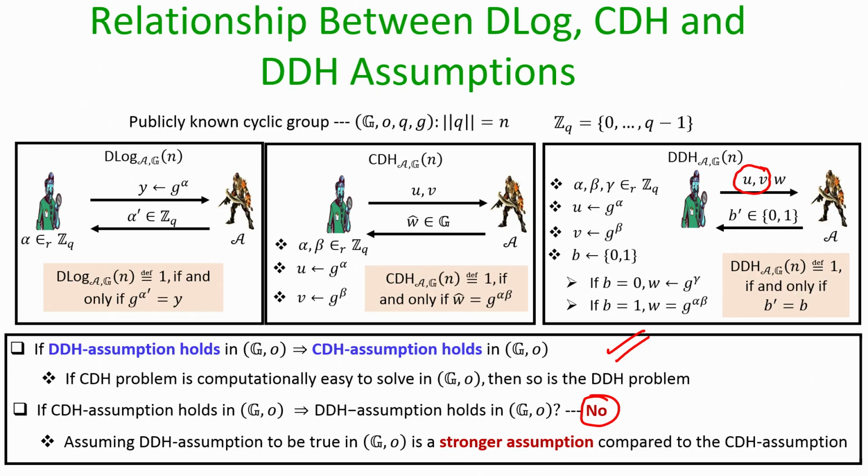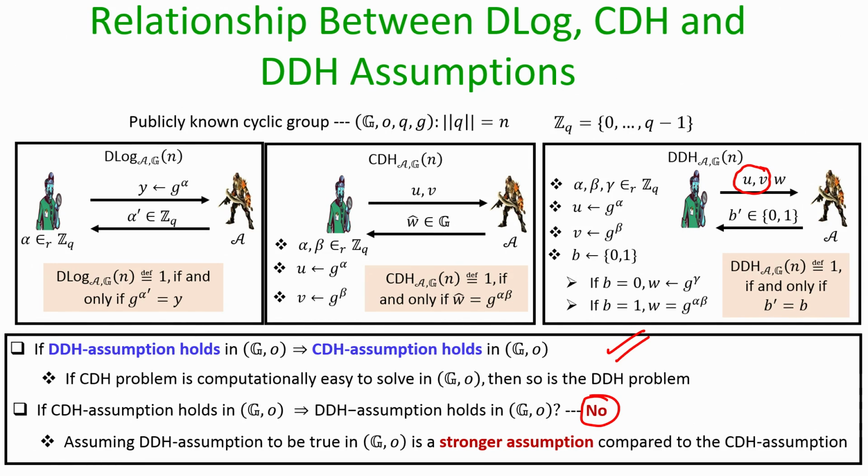That means that making the assumption that the DDH problem is difficult to solve in a group is a stronger assumption compared to the assumption that the CDH problem is difficult to solve in that group, because difficulty wise we feel that the DDH problem is easier to solve compared to the CDH problem.